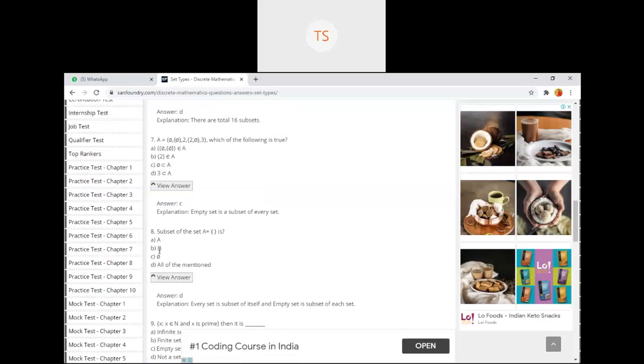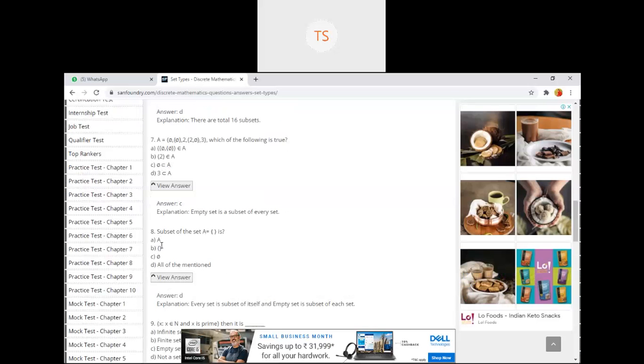So the correct option is all of the above, because these are only different notations for the empty set. So all of them are subsets of capital A. Option D is correct, and the explanation is that every set is a subset of itself and the empty set is a subset of each set. Okay.